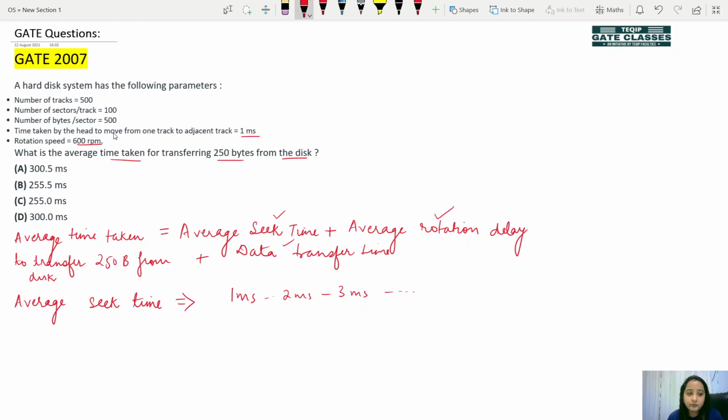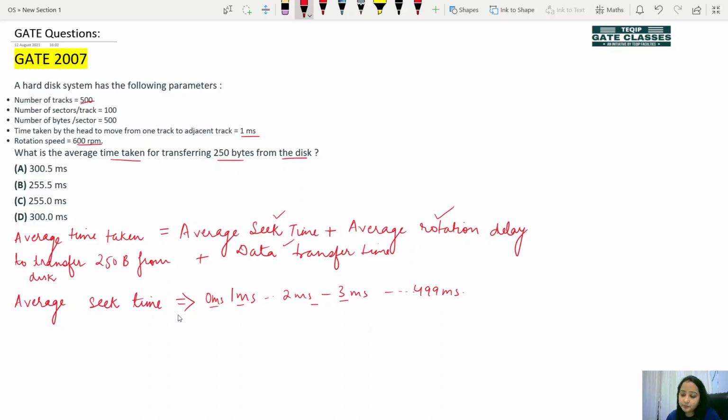How many tracks will be there? 500. If I start from 0, the first track takes 0 time, then the adjacent takes 1, then 2, then 3, and so on to 499 milliseconds to reach the last track.